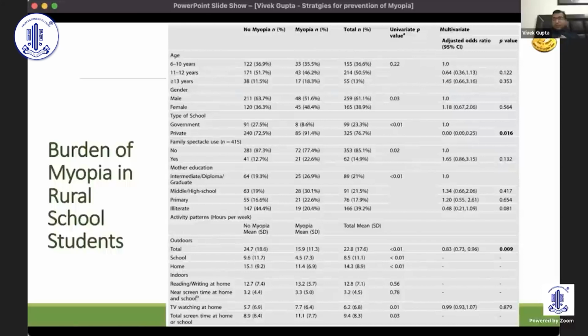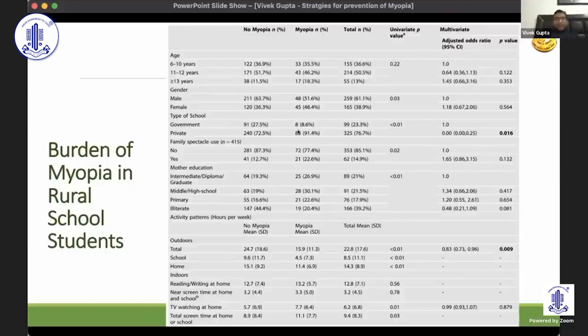But some of the recent work that Professor Rohit and our team did in our NCR region was quite interesting, in which we looked at children in rural, semi-urban, peri-urban areas in the Gurgaon area near Delhi. This was the NIM rural study.